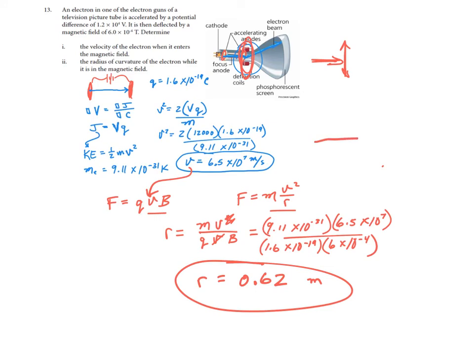Now, the electron's flying in like this, and then it goes through a curved path and exits the magnetic field and is then pointed up toward the screen. So the circle that we're talking about, just this part of it, is that radius right there, that curved part of the radius. All right, there we go. There's a couple problems.